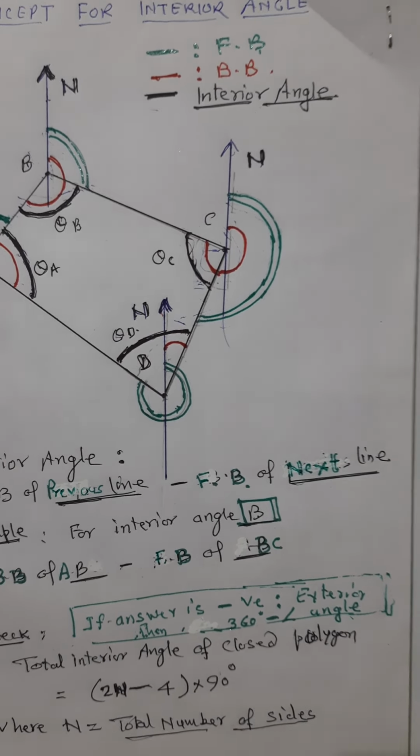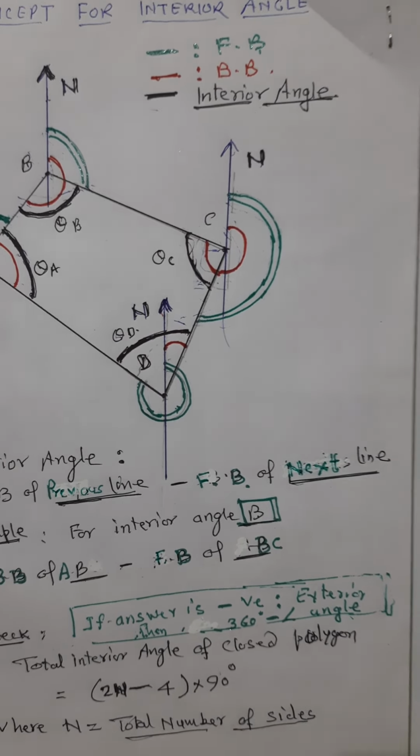The check can be applied as: the sum of all the interior angles, that is angle A, angle B, angle C and angle D, must be equal to (2n minus 4) into 90, where n stands for the number of lines. If there are 4 lines, AB, BC, CD and DA, n will be 4.